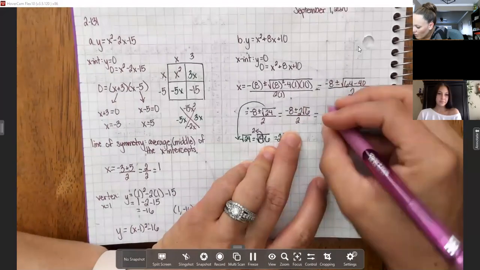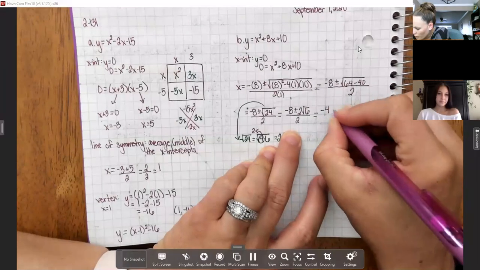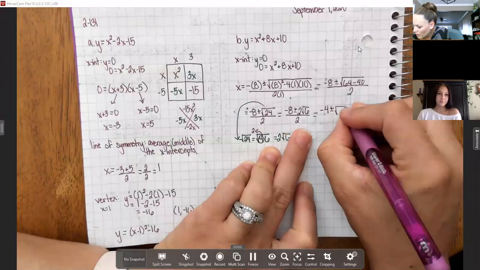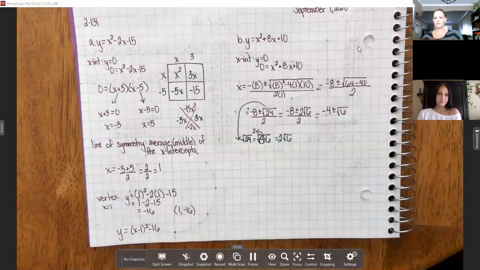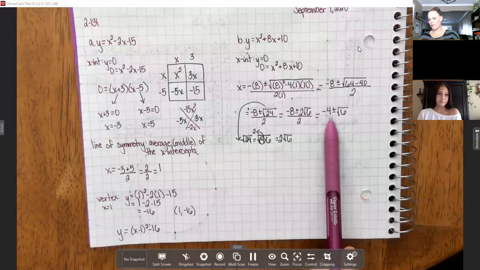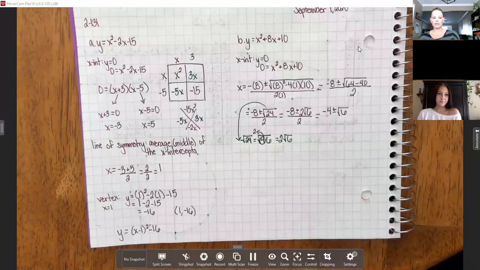So negative 8 divided by 2 is negative 4, plus or minus 2 root 6 divided by 2 is just root 6. So those are our x-intercepts, -4 plus root 6 and -4 minus root 6.